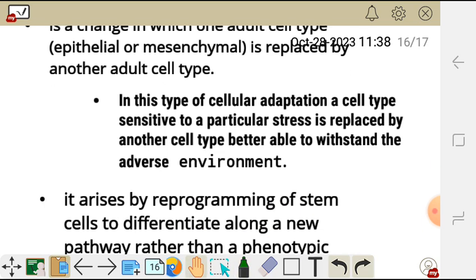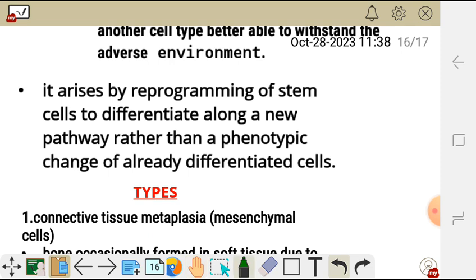It arises by reprogramming of stem cells to differentiate along a new pathway rather than a phenotypic change of already differentiated cells.